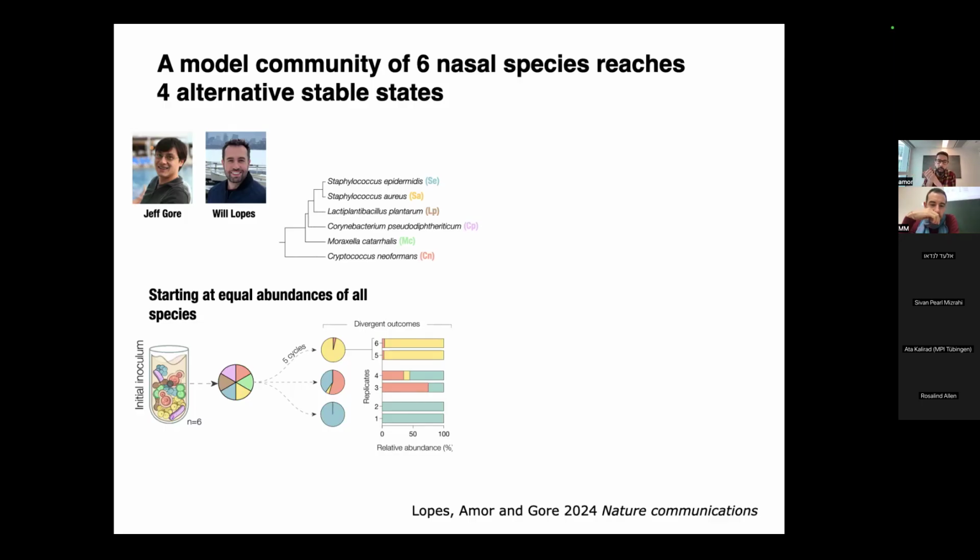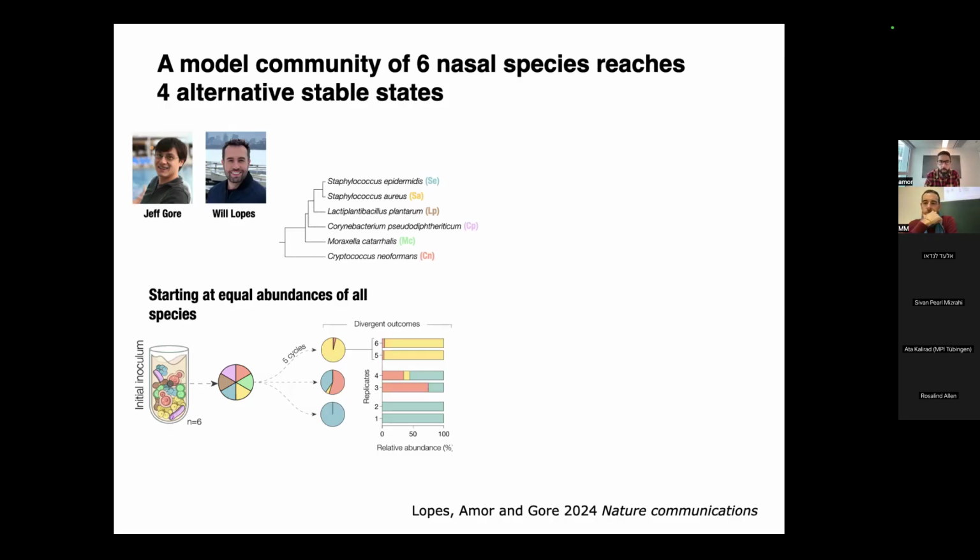So for example, we have 2 of them that at the end of the experiment were dominated by the yellow microbe. And then we have also another 2 of them in which the blue and the red microbe were still competing. And we have 2 other replicates that went to a different state in which only blue was present in the community.